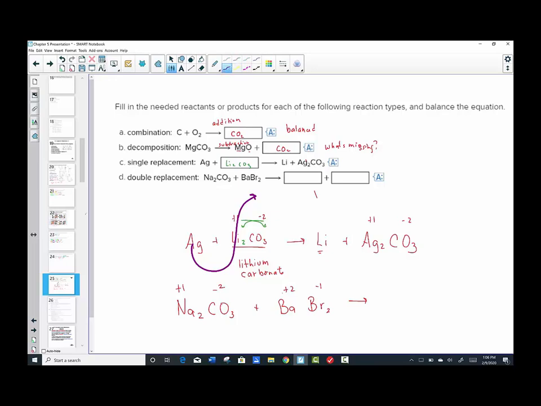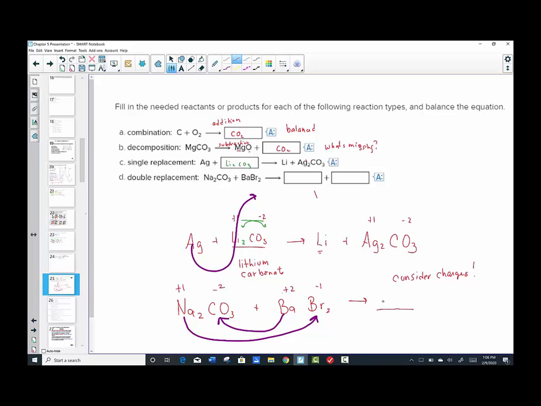Now the double replacement says the sodium goes to bromide, barium goes to carbonate. When you write your formulas, remember to consider charges.